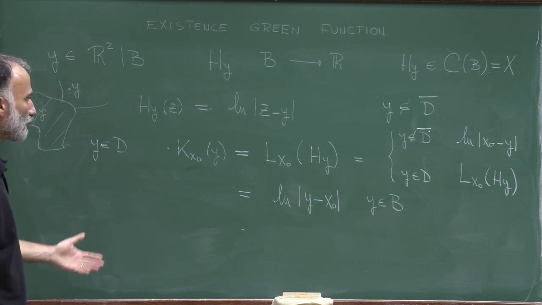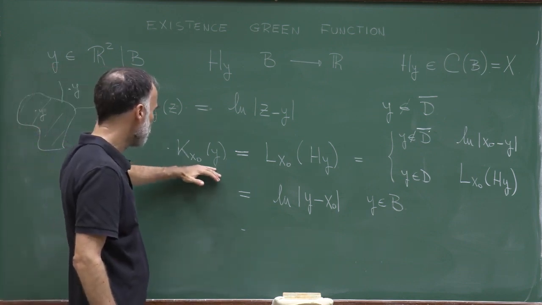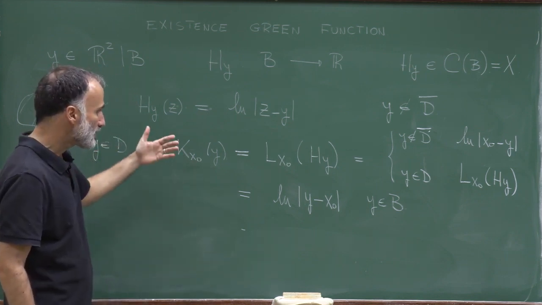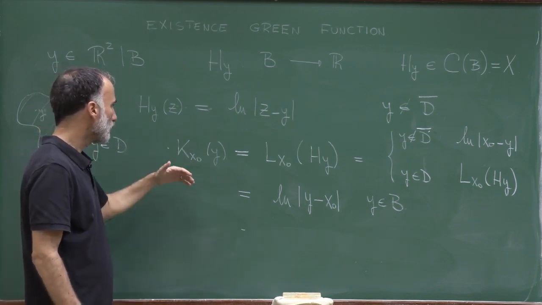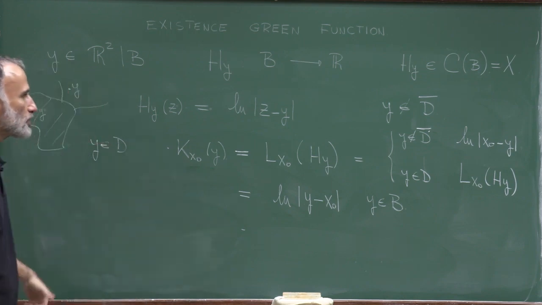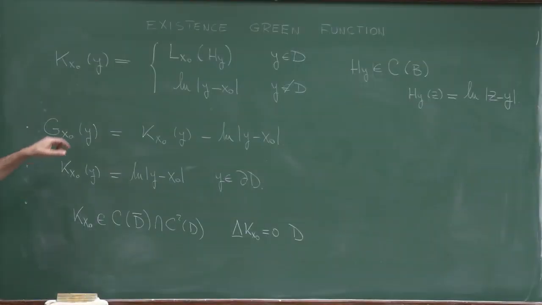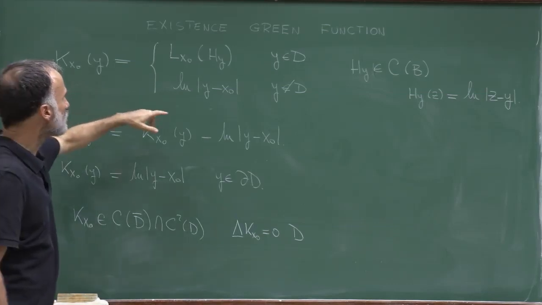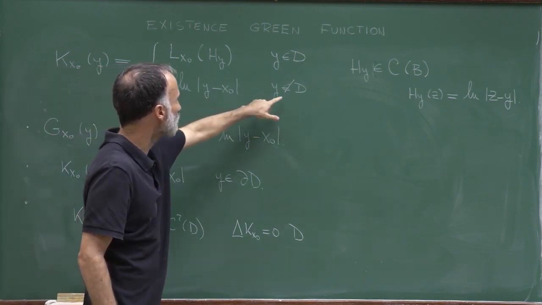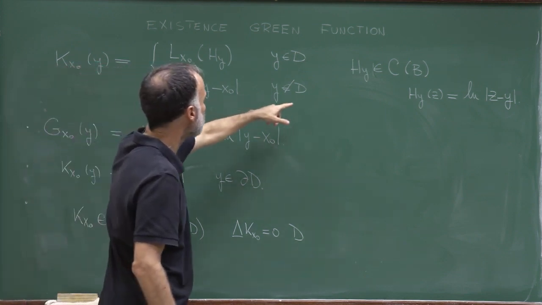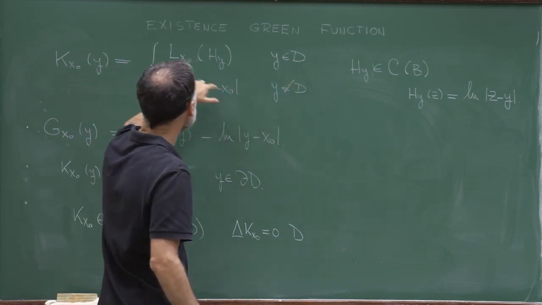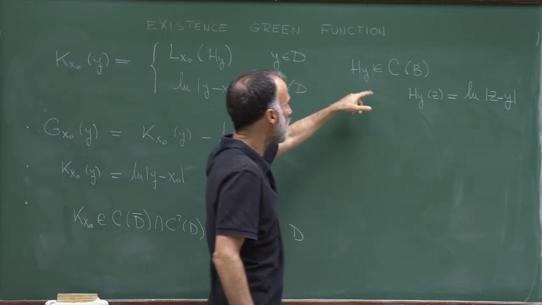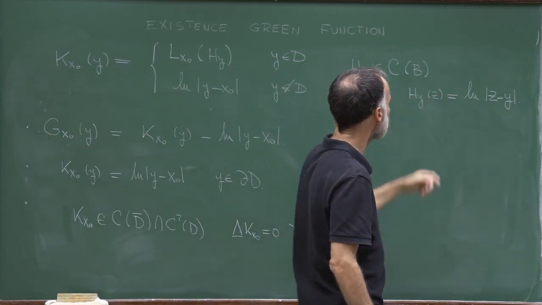Now, what I want to prove is that this function k x0 has exactly all the properties required in the definition of a Green function. So this is what's to come. In the previous take, we introduced this function k x0, which is equal to log of y minus x0 if y does not belong to D, while if y belongs to D, it's given by Lx0 applied to hy, where hy is this continuous function defined at the boundary.